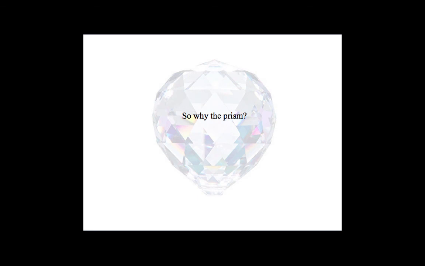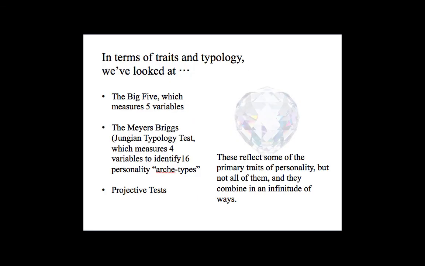So why the PRISM? Well, by now you've probably already figured it out. In terms of trait and typology tests, which is personality type tests, remember, we've looked at the Big Five, the Myers-Briggs, the MMPI a little bit, and then projective tests, right? And these are just a few of them that reflect some of the primary traits.